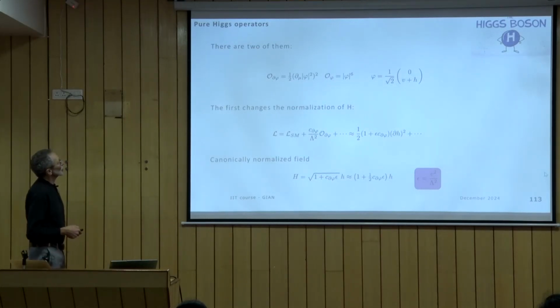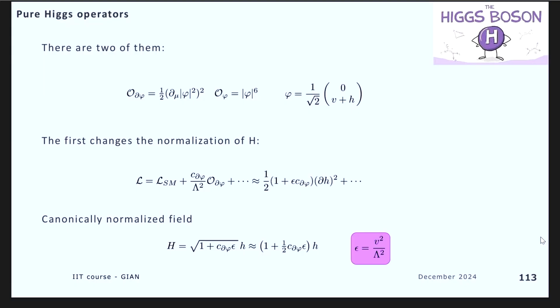And so when you add this first object to the Lagrangian, what you get is a term that includes a term that goes like 1/2 dh squared. This is the standard model piece. And then when you put this thing here, it generates, among other terms, this object, epsilon c d phi squared, where epsilon hereafter will be v squared over lambda squared.